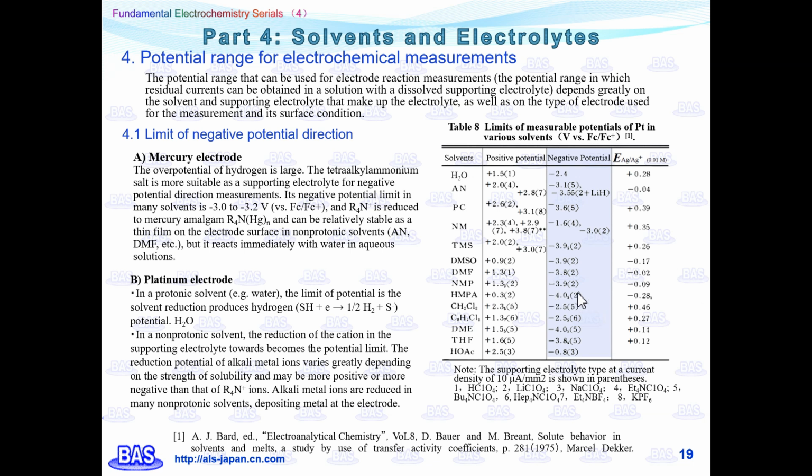The blue-black background part of Table 8 shows the limits of measurable negative potentials of platinum electrode in various solvents. It can be seen that in many cases the negative potential range of the platinum electrode is wider than that of the mercury electrode.